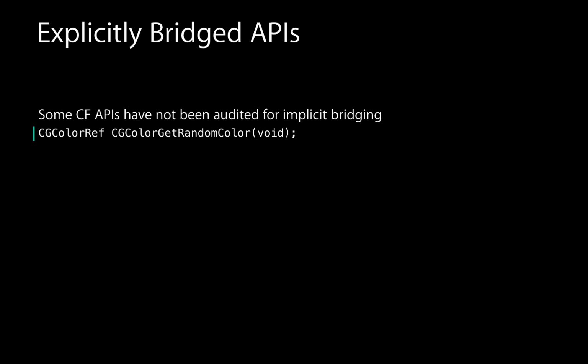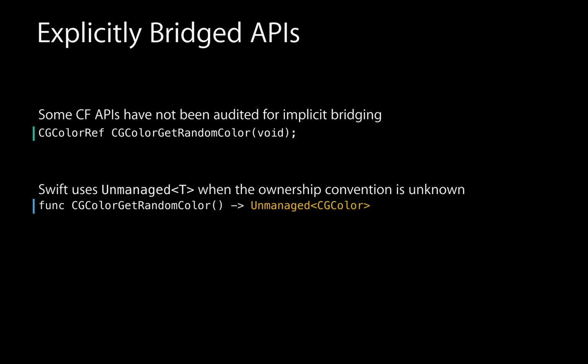And so we may have this function, getRandomColor, which produces some random color. When we pull this in, the Swift compiler doesn't know whether we can really trust that this returns +0 or not. It has "get" in the name, but we're not sure. And so we do the safe thing, and we import it as an Unmanaged CGColor, which means we can't directly manage the memory here because we don't know what the conventions are.